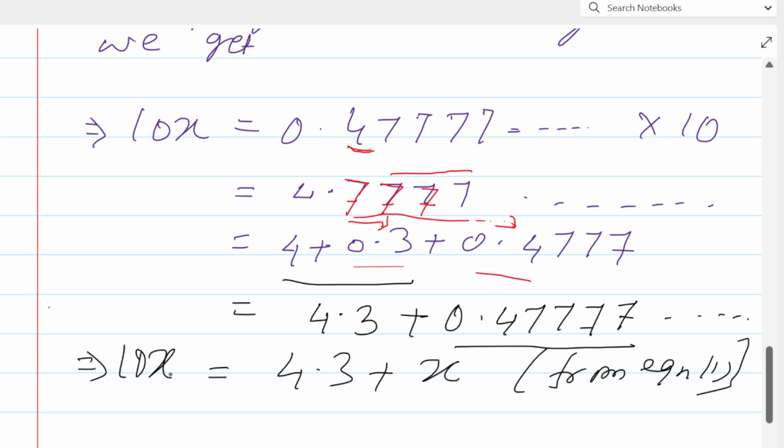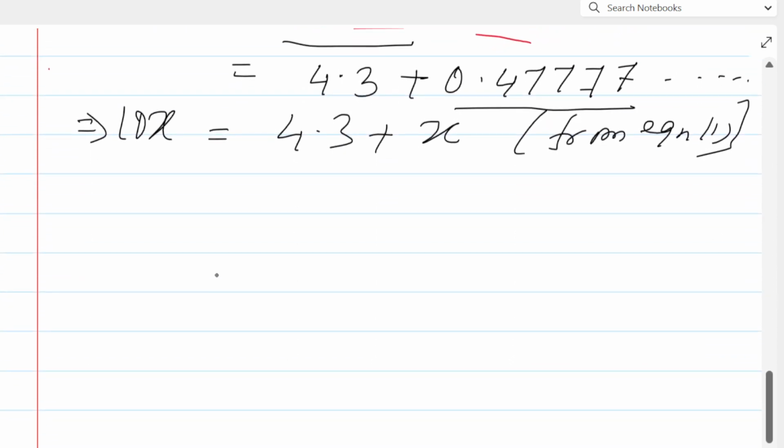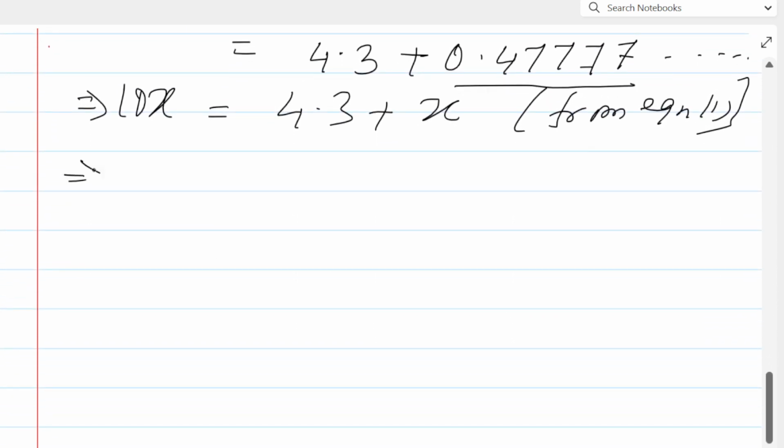Next, this 10x minus this x: the x comes to the left-hand side and becomes minus, the sign changes.